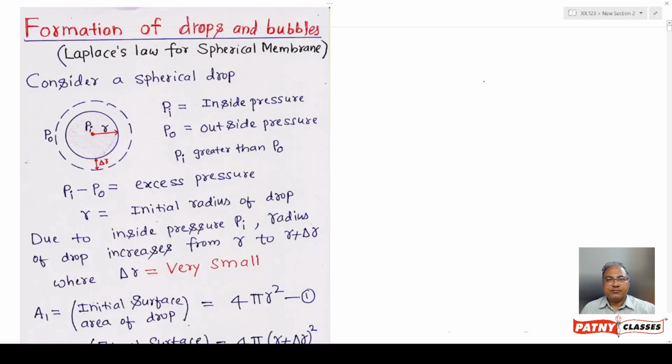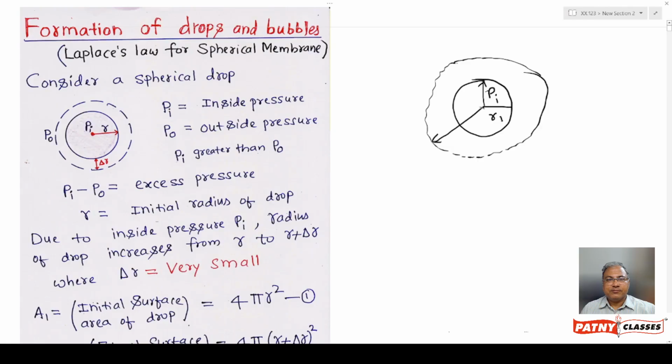Suppose we have a liquid drop. Initial radius is R1 and inside pressure of the liquid drop is Pi, I for inside. So Pi stands for inside pressure. Due to this pressure, its radius is increasing. Let us call the final radius R2.